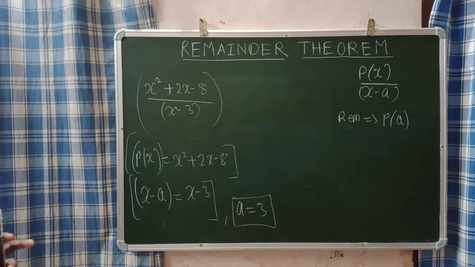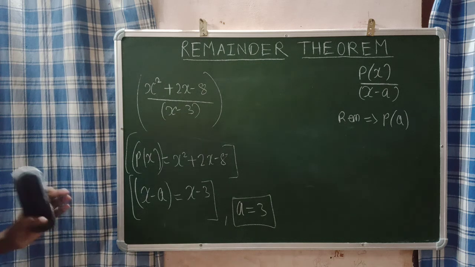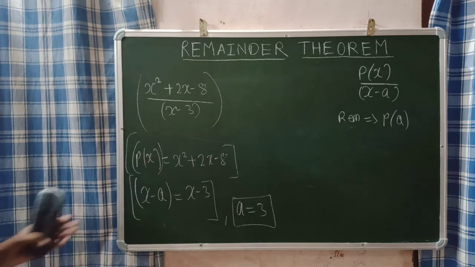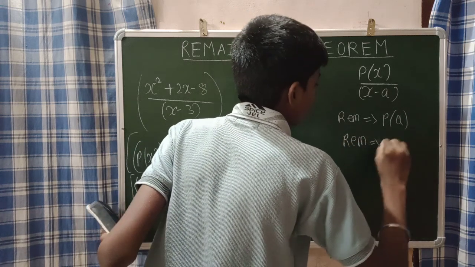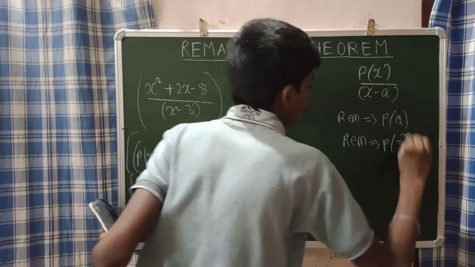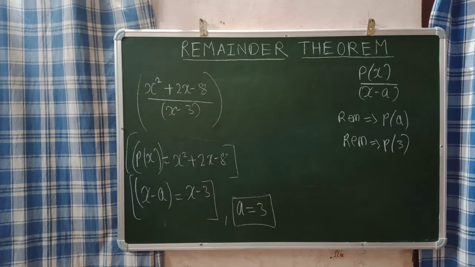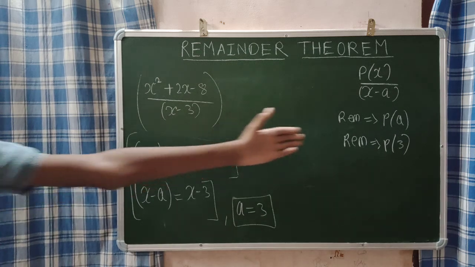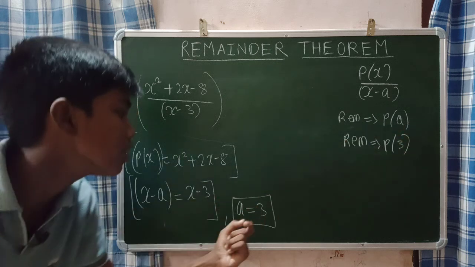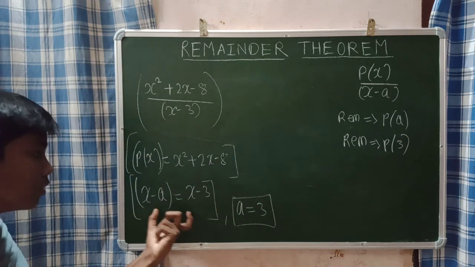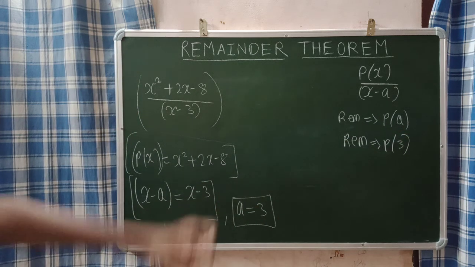Now we know the value of a, so what will be your remainder? Your remainder will be p of a. What is a? That is 3. So when I put the value of a, we get p of 3. So remainder is equal to p of 3.